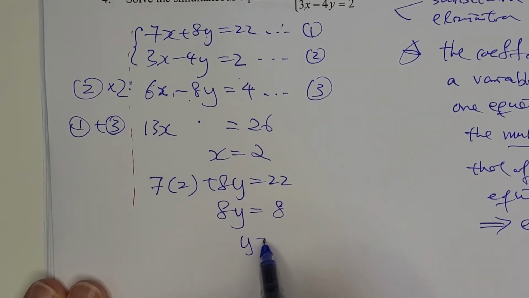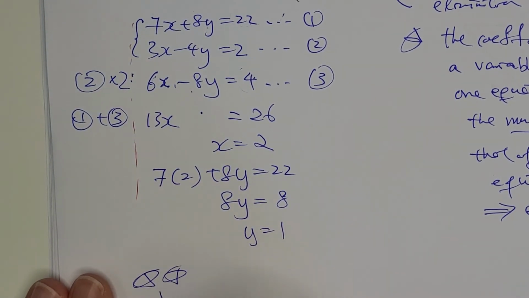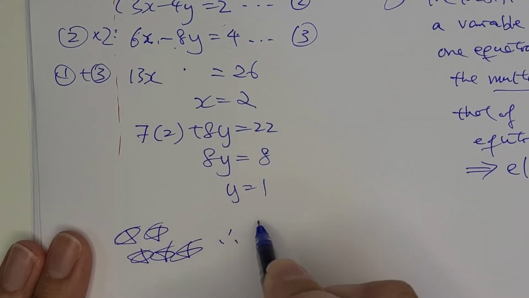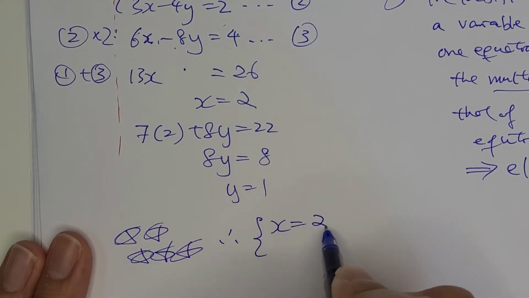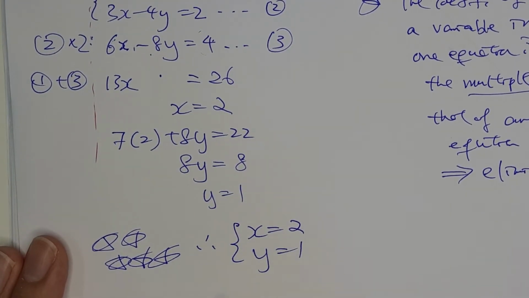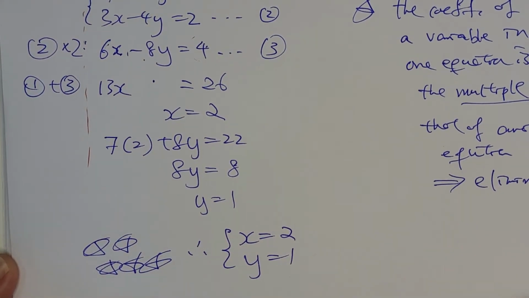So y equals 1. Then you always have this one, 5 star here. Therefore, x equals 2 and y equals 1. You always have this one, okay, always. So that's the end of question number 4.